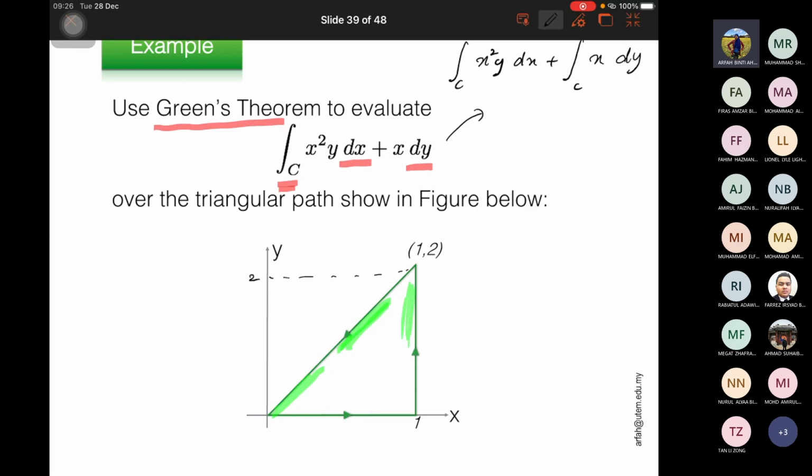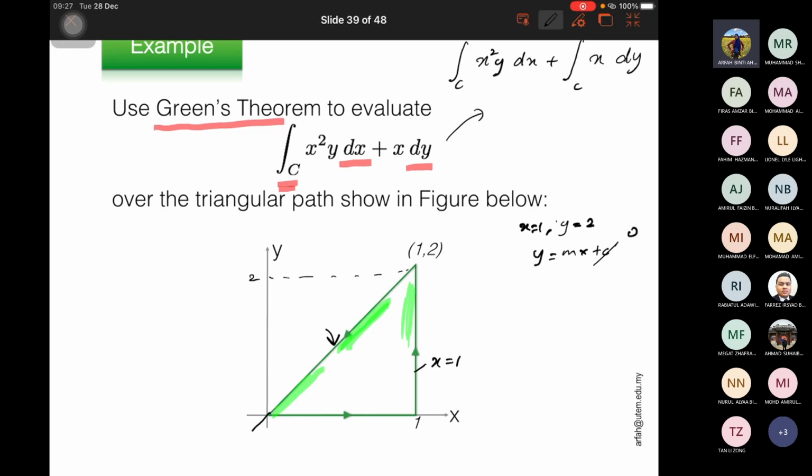So tengok balik apa yang Green's theorem cakap. Okay, first thing first. Yang ini adalah garisan x sama dengan 1. And what about this line? Apa equation untuk garisan ni? Kalau awak tengok bila x sama dengan 1, y sama dengan 2. So y sama dengan mx plus c. So dia punya pintasan dekat sini, that is kosong.